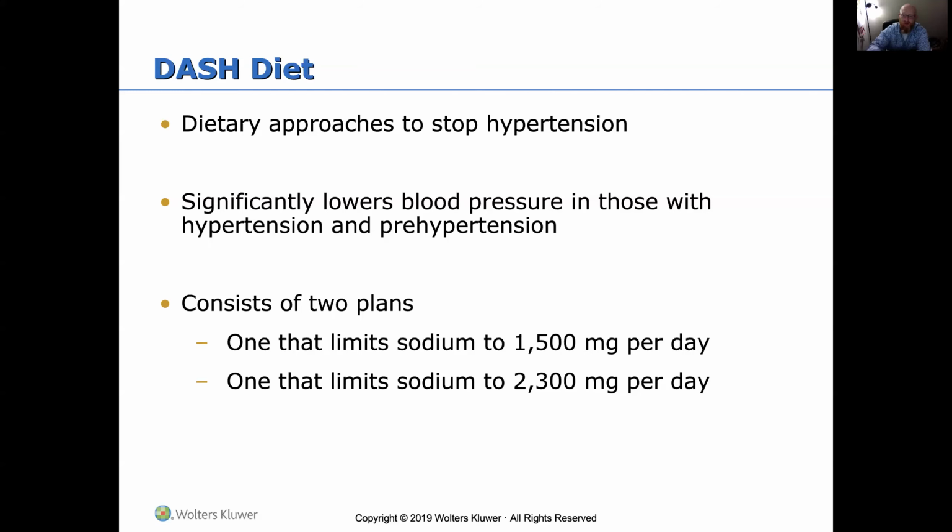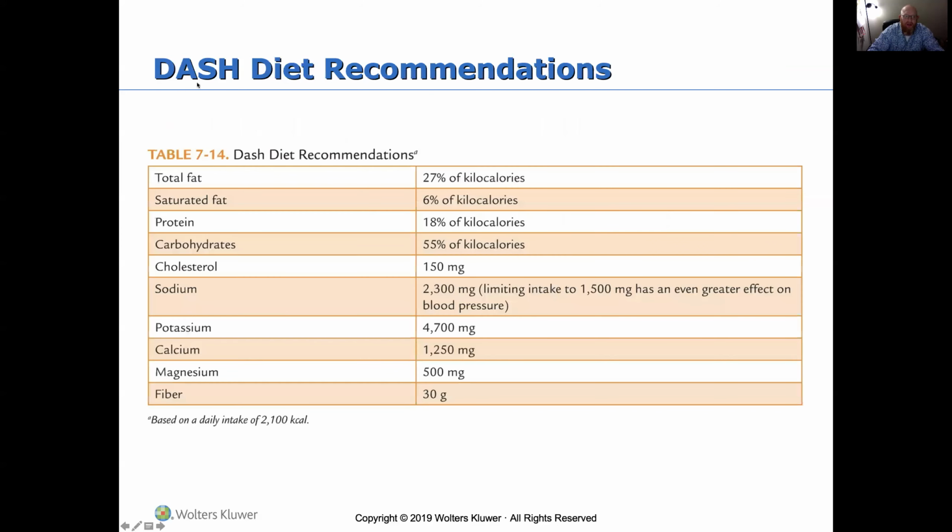One limits it to 2,300 milligrams per day. And here is the diet recommendations for the DASH diet. We're talking about high blood pressure. Fat needs to be 27%. I'm not going to run through each one of these here. I'm not going to test you on it. But you need to know that the DASH diet has to do with hypertension. TLC has to do with cholesterol.